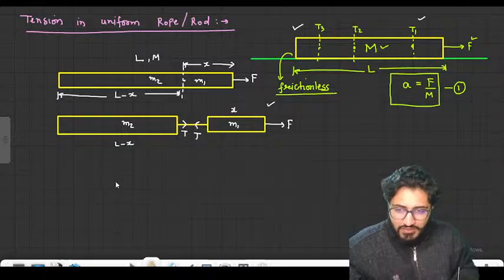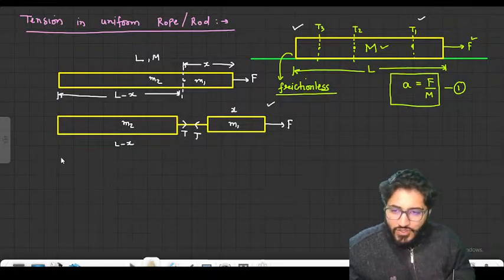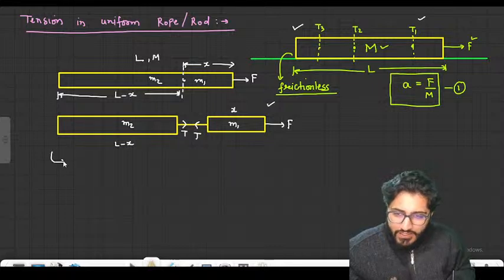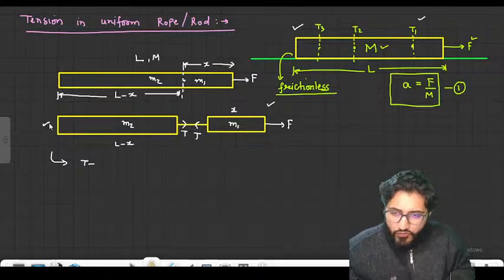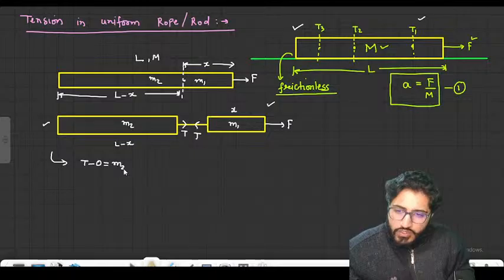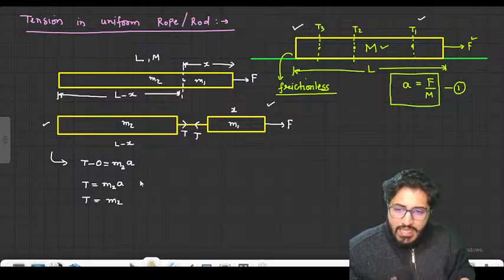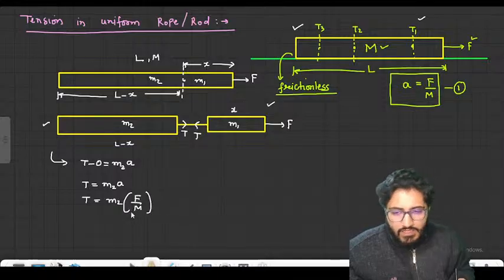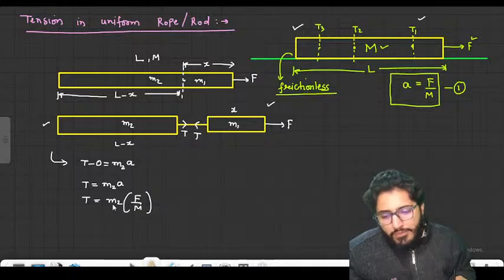Taking this one, the tension is T. T minus 0 equals M into A, so M2 into A. So tension came out to be m2 a. Acceleration is F by M. Now we have to calculate m2.